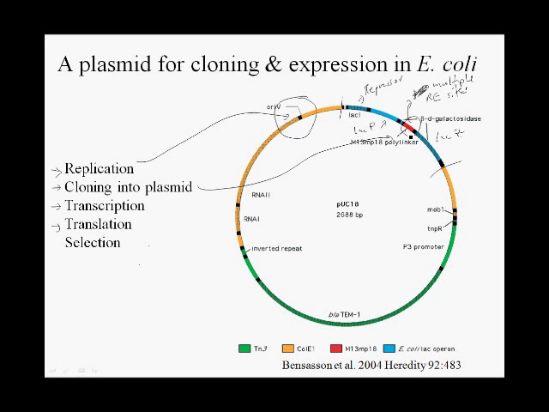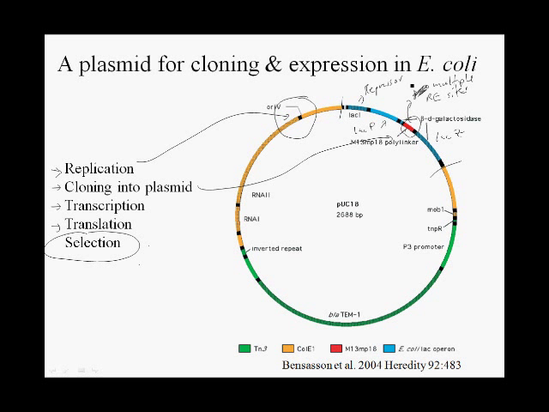Alright, so that takes care of replication of the plasmid in E. coli, cloning a foreign DNA sequence, expressing it, meaning transcribing and translating the foreign DNA sequence in E. coli. What do we mean by selection? Well, once we have ligated, so we can cut this with a restriction enzyme, cut a foreign DNA molecule with the same restriction enzyme.